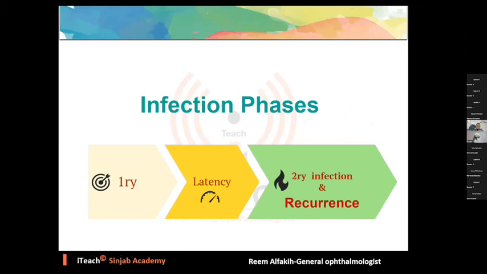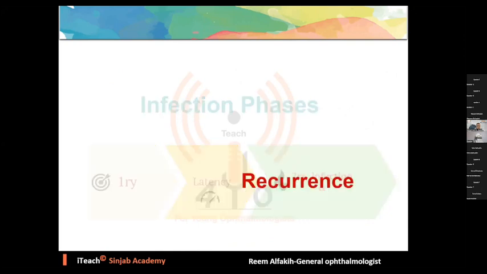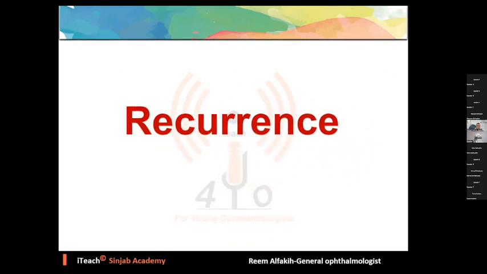The phases that the infection goes in start with the primary infection, which might be subtle and could be unnoticed, could range from simple blepharitis to simple blepharoconjunctivitis. Then it would go in a state of latency, and when any stress would occur, a secondary infection and recurrence would occur. And this is the main concern of our topic today.